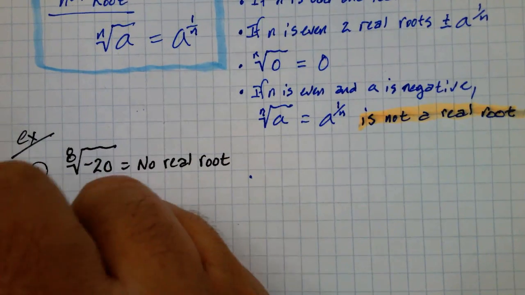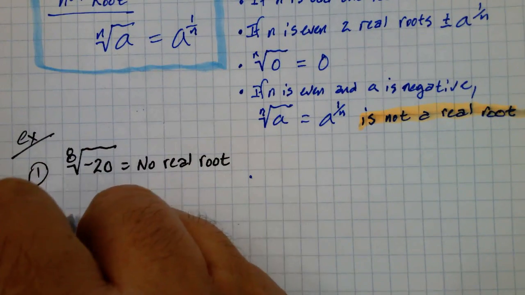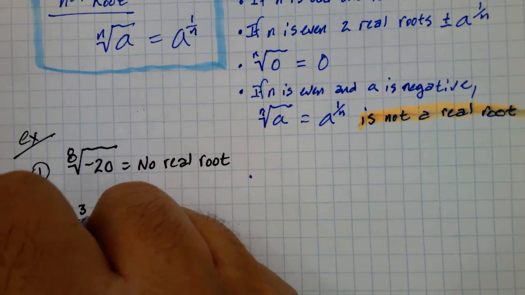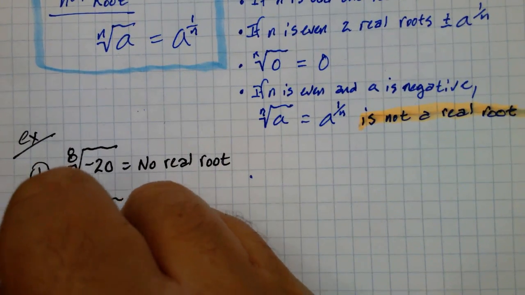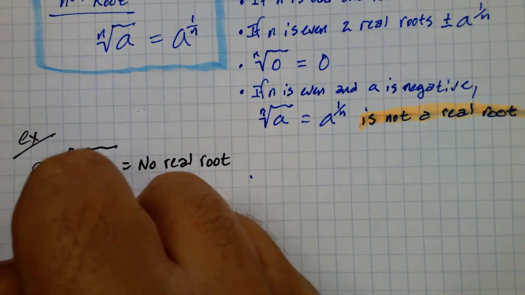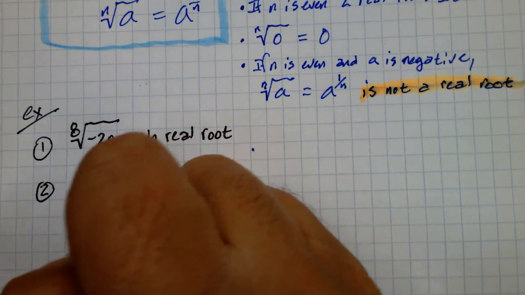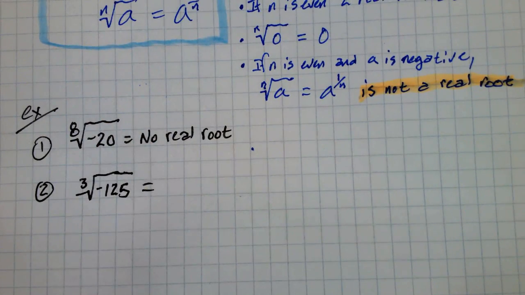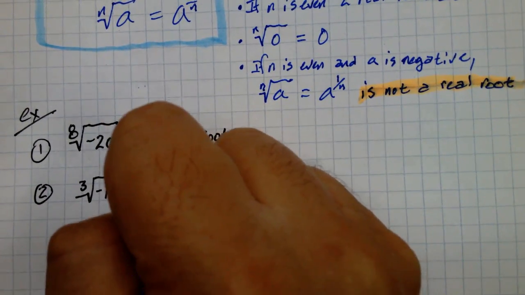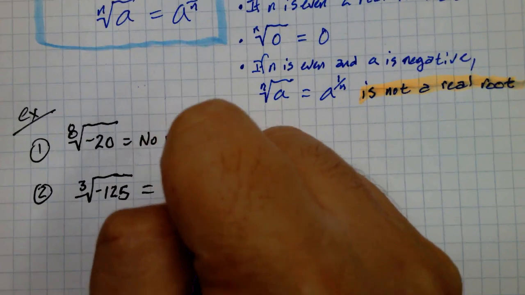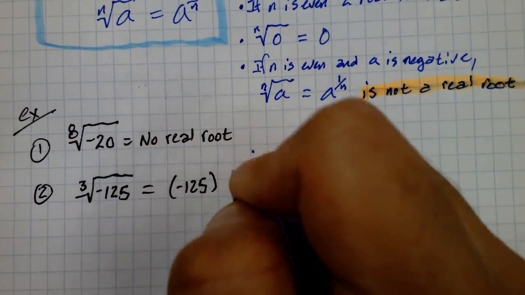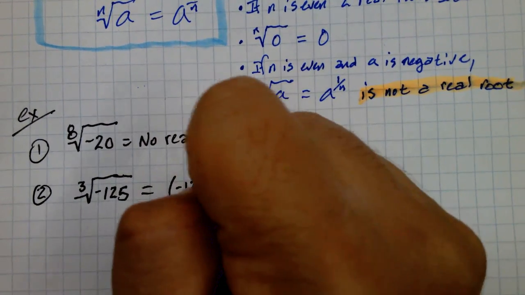But if I ask you for the cube root of negative 125, first of all, let's write this in that new format. How would I write it? Negative 125 to the 1/3 power.